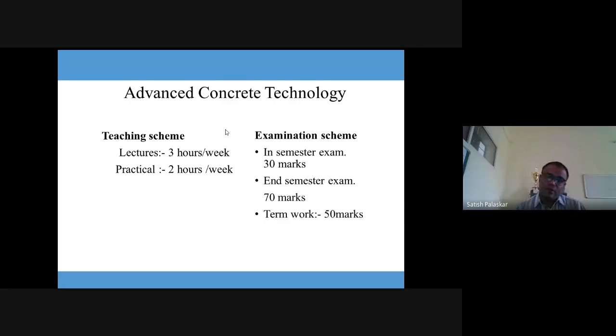When we go for the practical part, there you have to perform some tests as well as study some reports. First, you have to write a review on any recent research article from any standard peer-reviewed journal. That is, you will prepare a research paper and submit it to a particular journal.